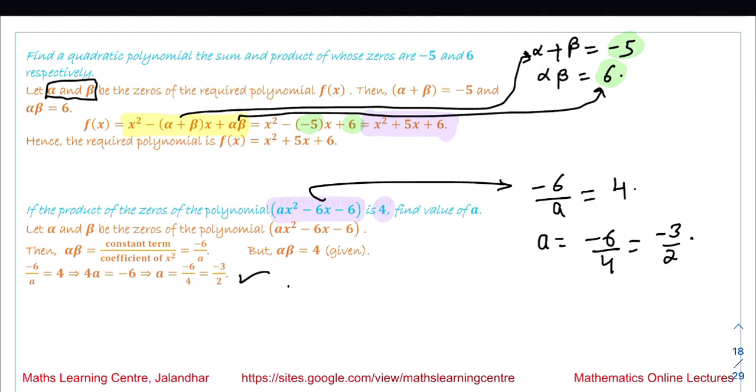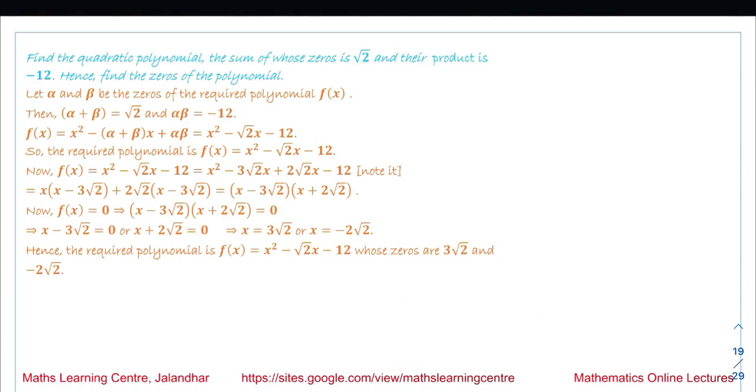Now next is find the quadratic polynomial, the sum of whose zeros is √2 and their product is −12. Suppose alpha and beta are the zeros of the required polynomial. So alpha plus beta is √2 and alpha into beta is −12.